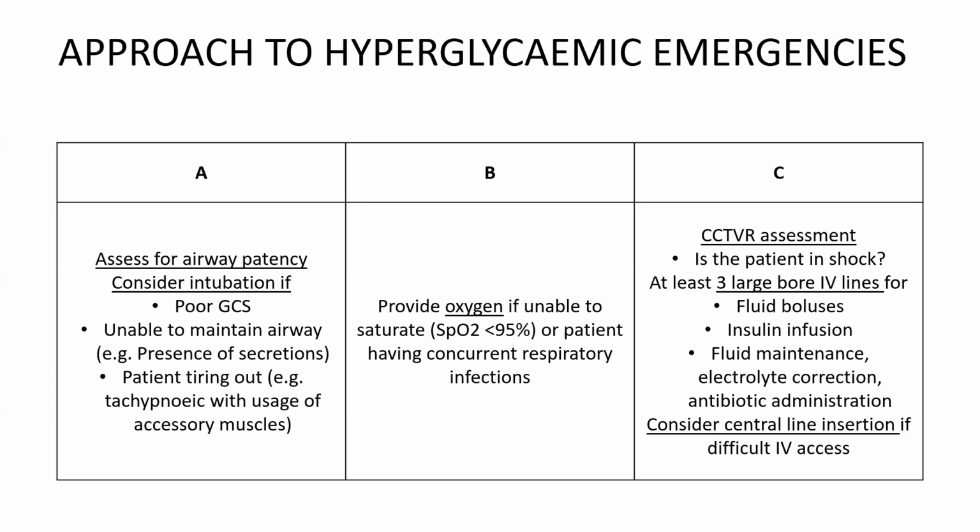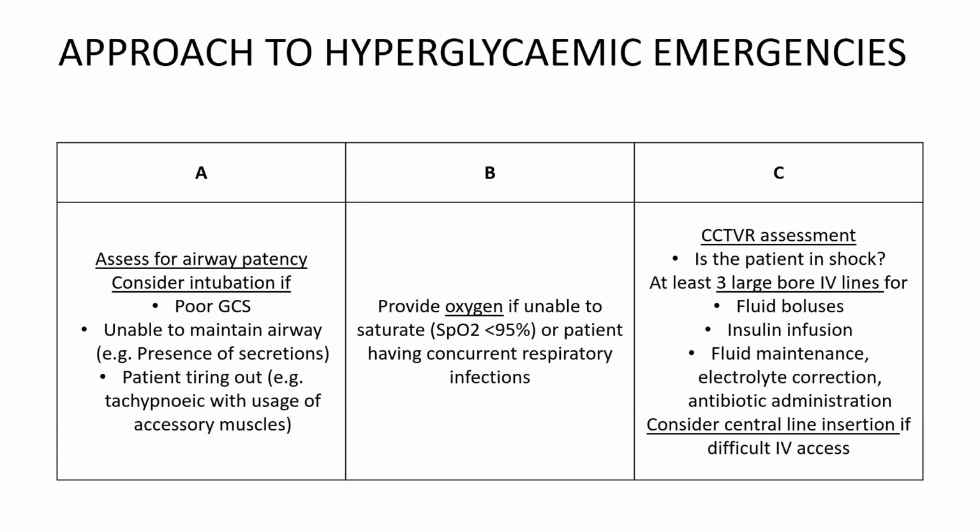So as we go on to B, we can provide oxygen if the patient is unable to saturate or has concurrent respiratory infections. This is in line with the case presentation that I presented just now, whereby the patient comes with concomitant CAP, needing oxygen therapy. Therefore, we can give oxygen if this case is presented.